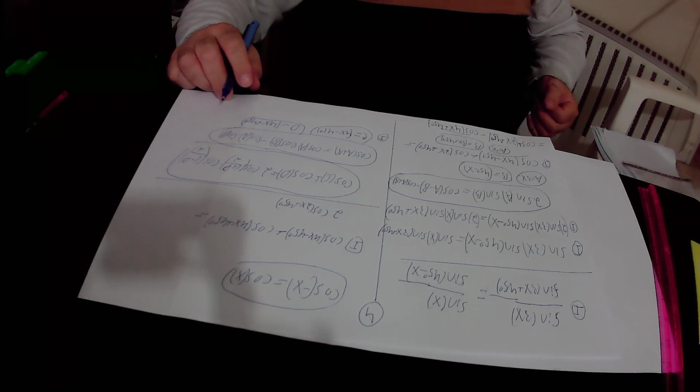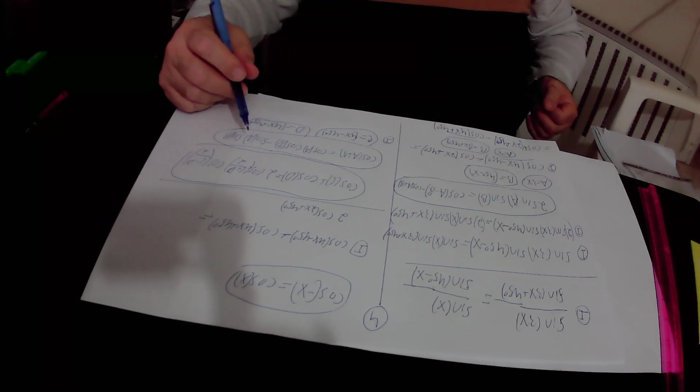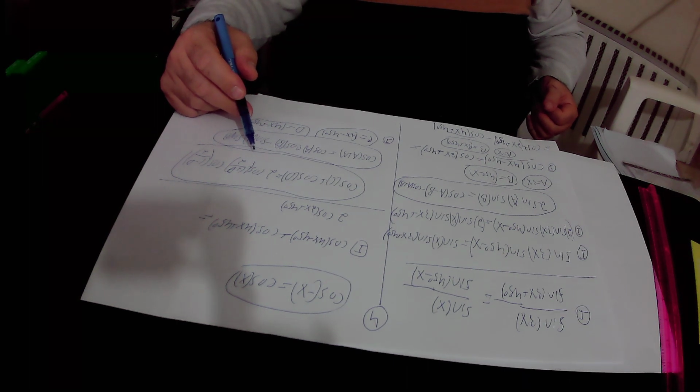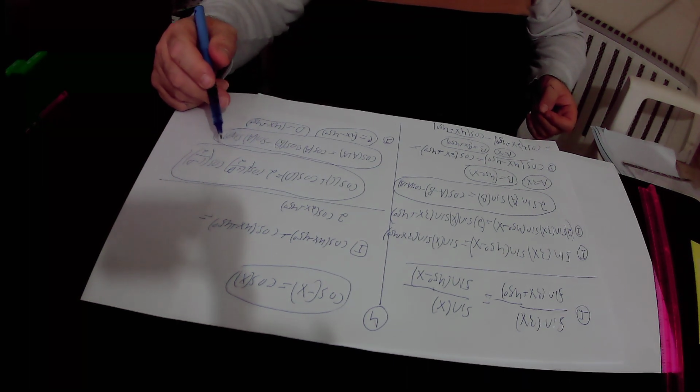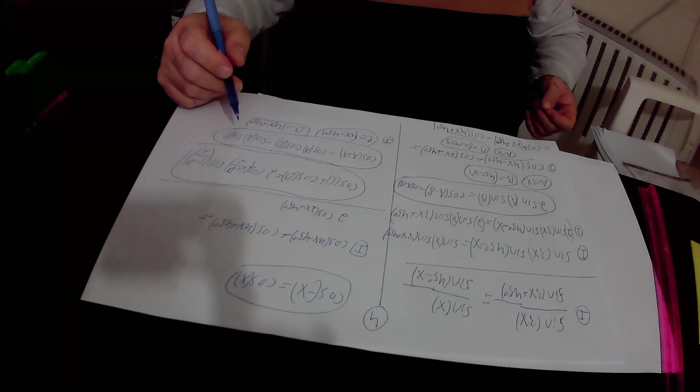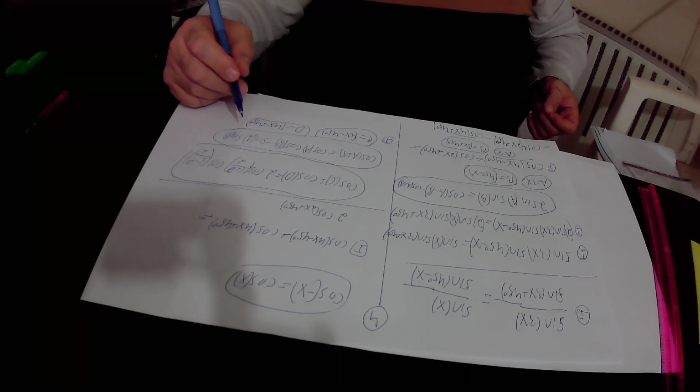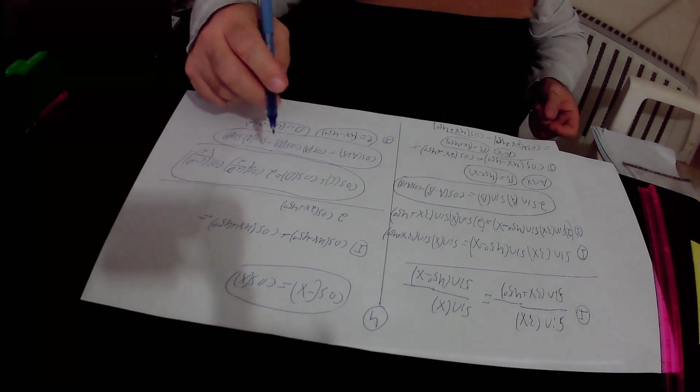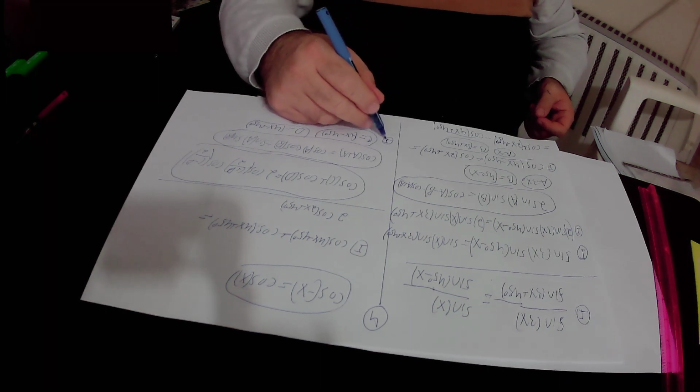According to this identity, cosine C plus cosine D equals 2 cosine C plus D over 2 times cosine C minus D over 2, our expression will be equal to 2 cosine.